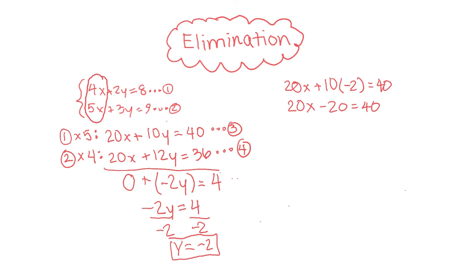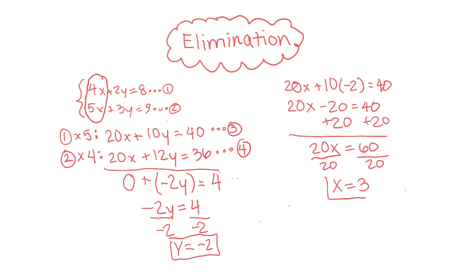Now we need to isolate the x variable, so add 20 to both sides. 20x equals 60. And then divide both sides by 20. X equals 3. So we've gotten our answer: 3, negative 2.